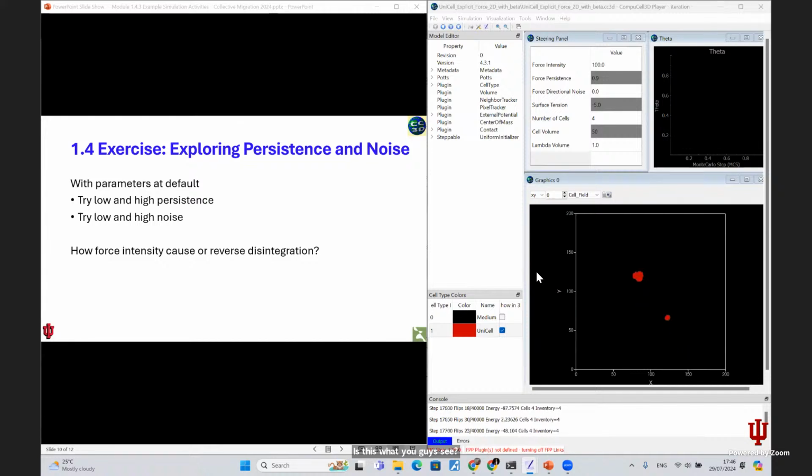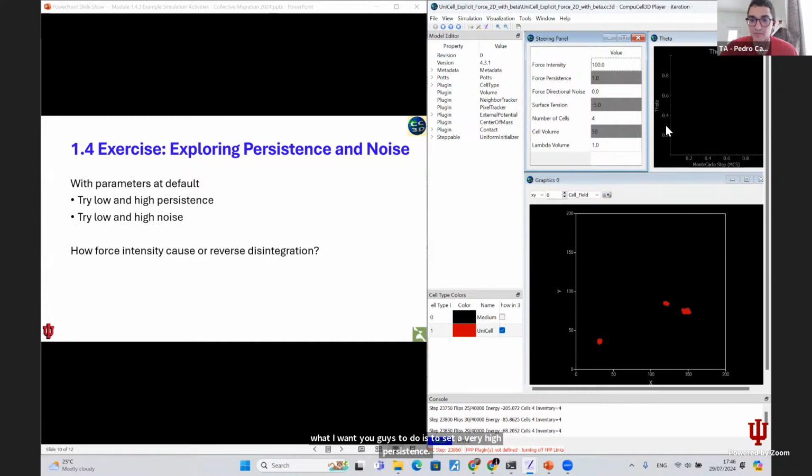Yes. All right. So first exercise, exploring persistence and noise. What I want you to do is set a very high force persistence and look at what happens. If you set persistence to 1, what is going on there? Do the cells change the direction of their movement?